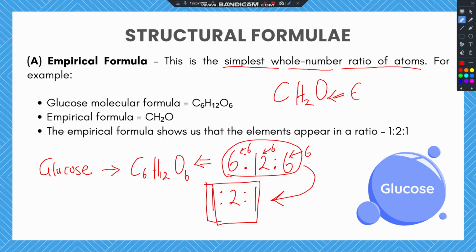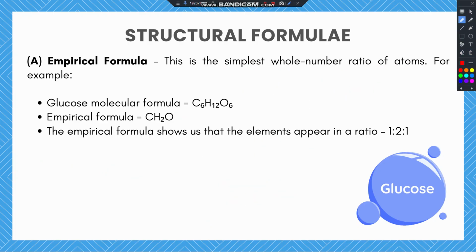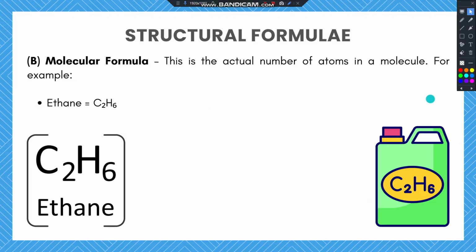This is the empirical formula of glucose, and that's what we have over here. So the empirical formula simply shows us that the elements appear in a ratio 1 ratio 2 ratio 1. That's the first style or the first format with which we depict organic compounds in organic chemistry.